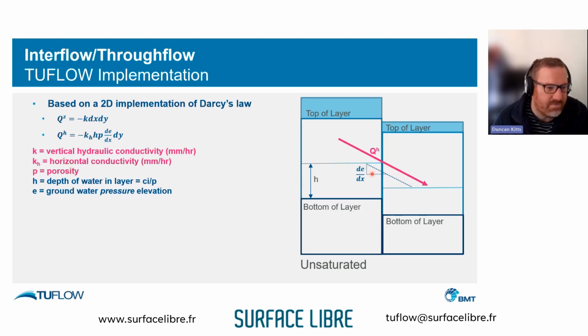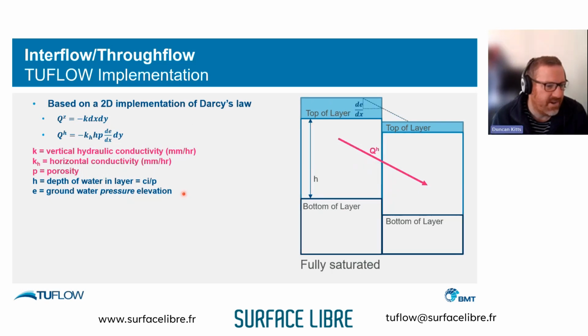That groundwater pressure level is usually the difference in the water level between two cells in an unsaturated case. In a saturated case, it would be based on the pressure level, maybe the water level above it. And where our top layer is completely saturated, that would be return flow back onto the surface. That's the kind of thing that's going on.